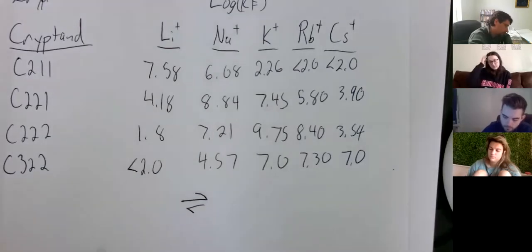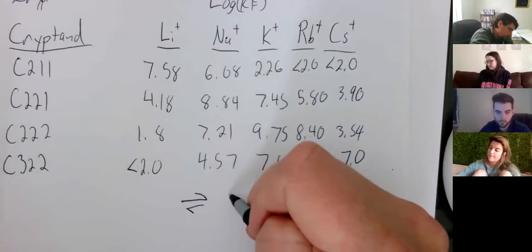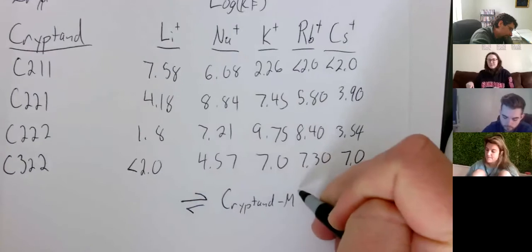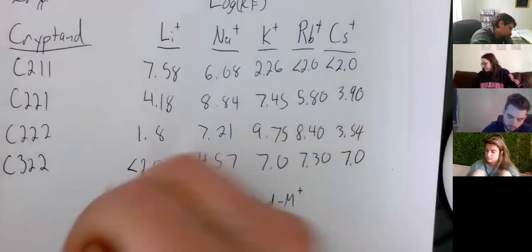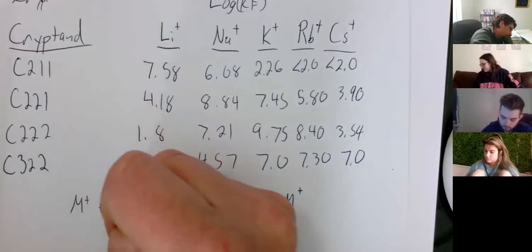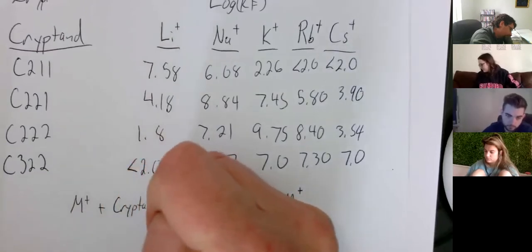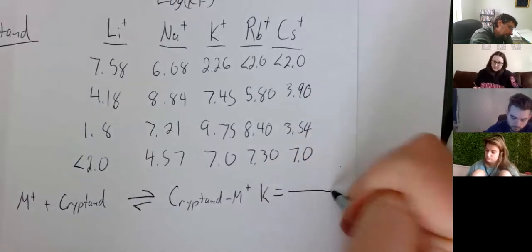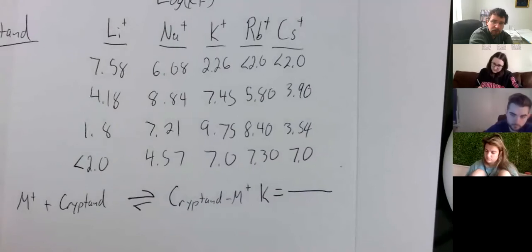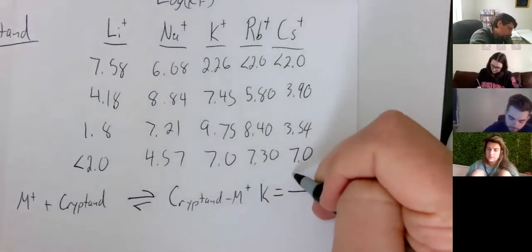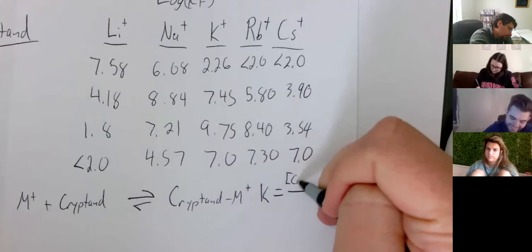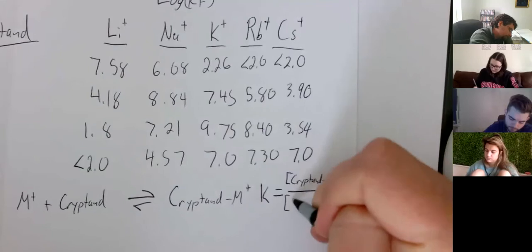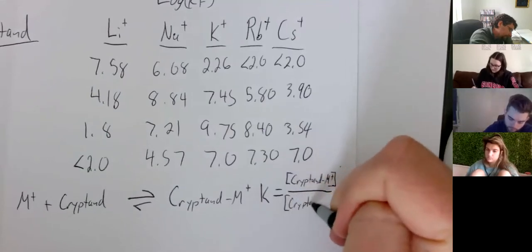You're looking at the formation of these metals with the cryptand. So the reactants would be the metal plus the cryptand, and then the product would be the cryptand and the metal bound together. Yep. So if we were to write out an equilibrium constant, what would that look like? It would be the cryptand-metal complex on top, divided by the concentration of the metal times the concentration of the cryptand. Yeah.